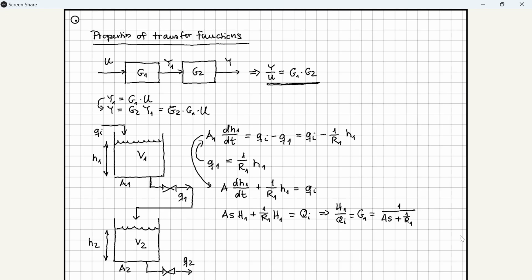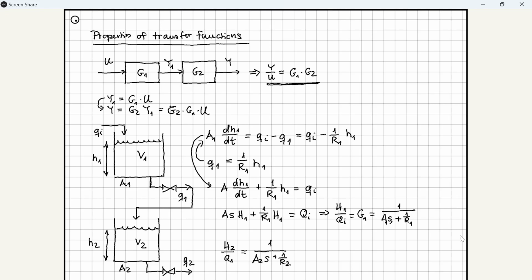So now I can describe exactly the same system, but instead of H1, I have H2. So I have H2 over the inflow, sorry, H2 over the inflow Q1. And this is now the transfer function: 1 over, here I should have added A2, A2 times s plus 1 over R2.